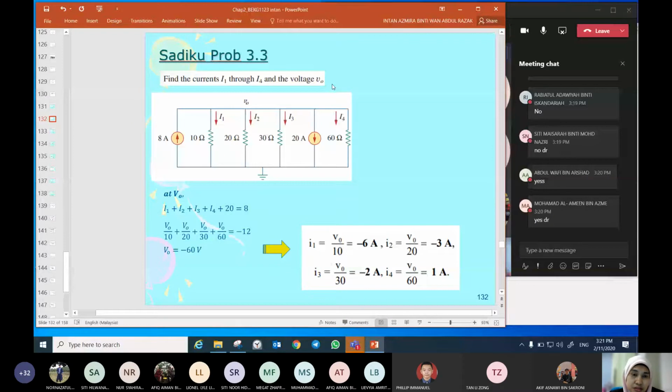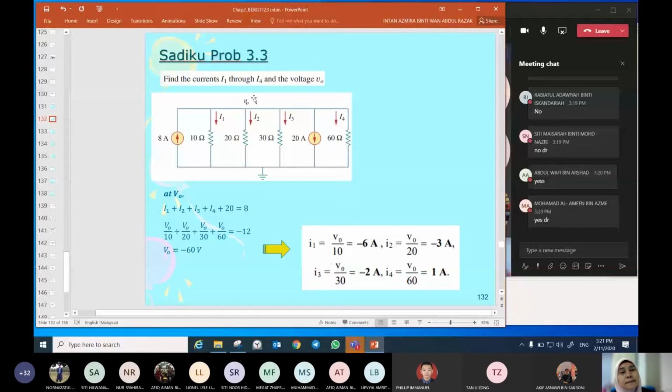If we look at this figure, at the top of the figure there is only one node here. All branches share one node at the top and bottom. So it is easier to solve this question using nodal analysis.